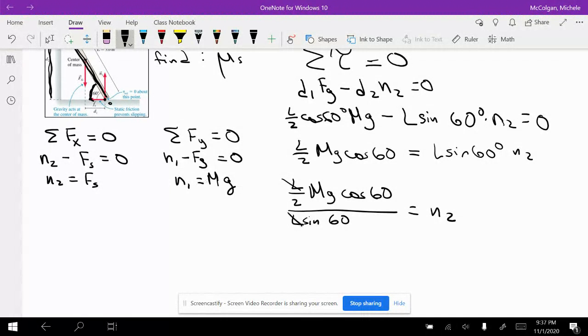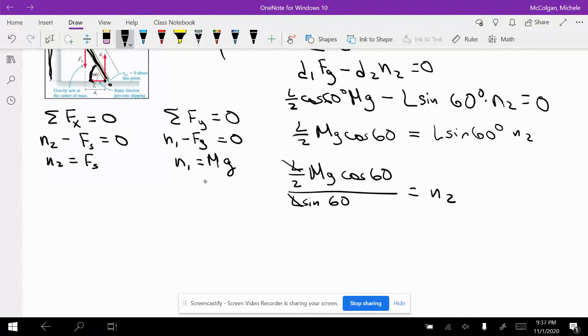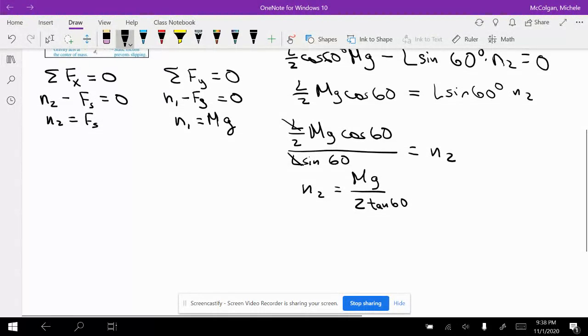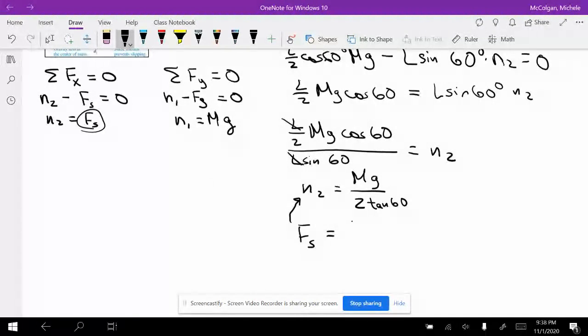I can cancel my L's, and I get N2 is equal to mg over 2, and I'm going to have tangent on the bottom, since sine over cosine is tangent. We know that N2 is equal to my Fs, so Fs is equal to mg over 2 tan of 60.